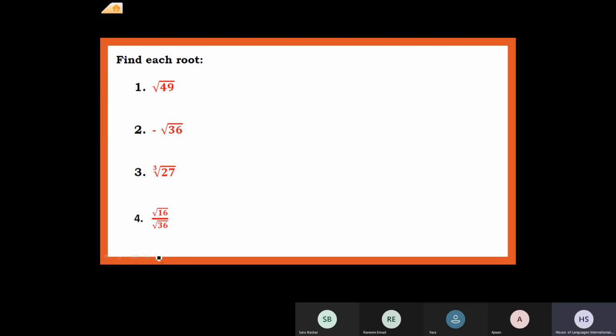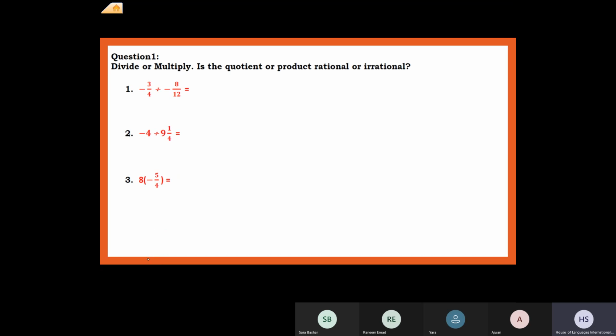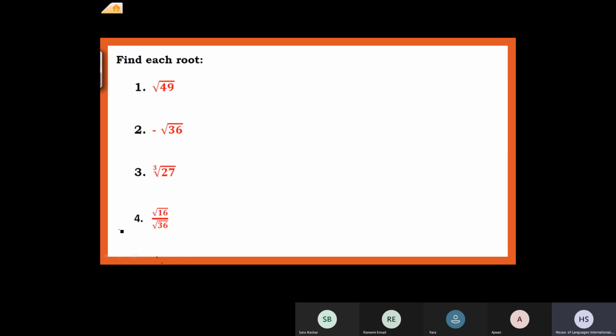Yalla, now, let's go back to see. Integers. So the square root of 49 is what? 7. Yes, 7 only. The square root of 49 is 7. I want the number only, without multiplying it two times.